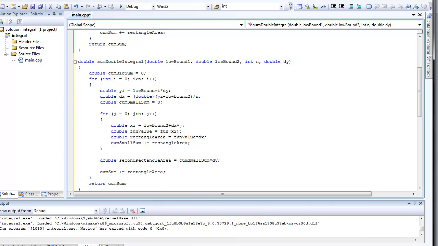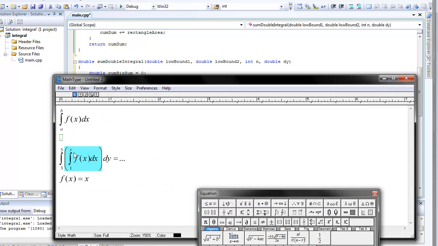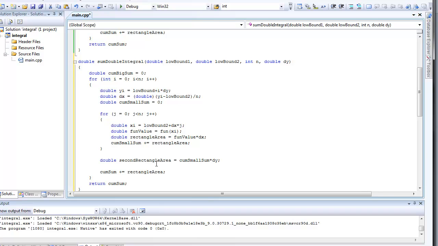Okay, so this is what we are doing here. We have this value calculated and we multiply it by dy, and we collect in the cubic sum those values. Cubic sum plus equal to this value.